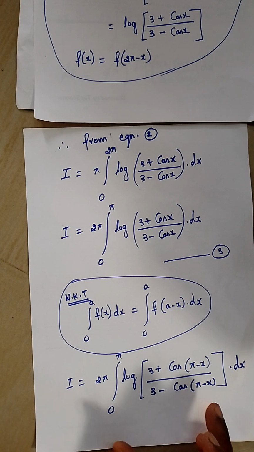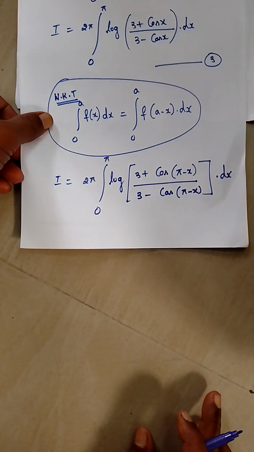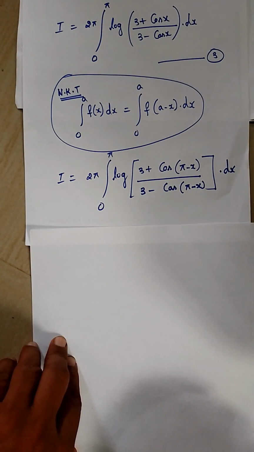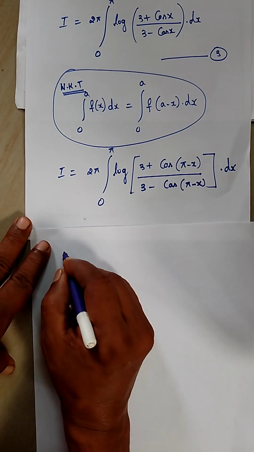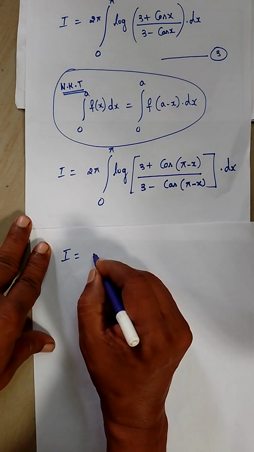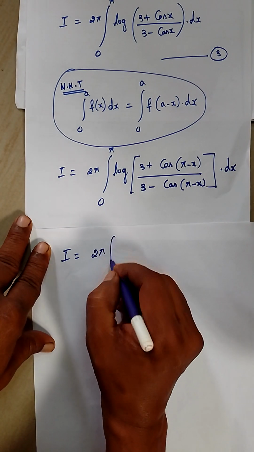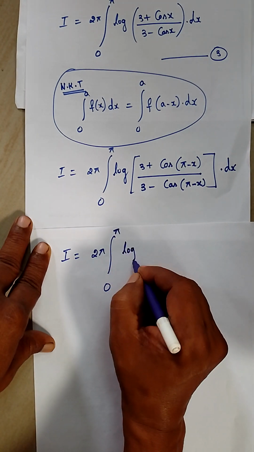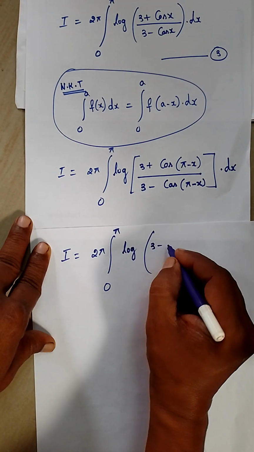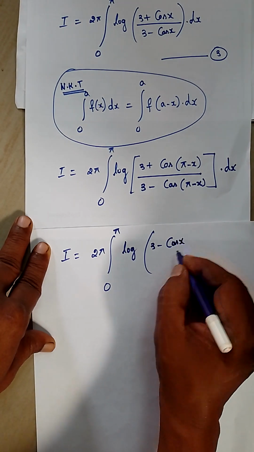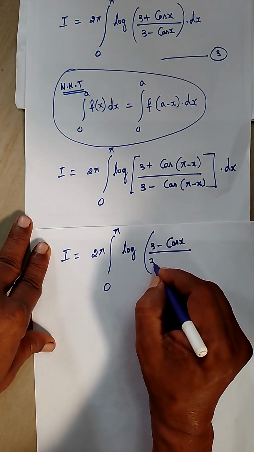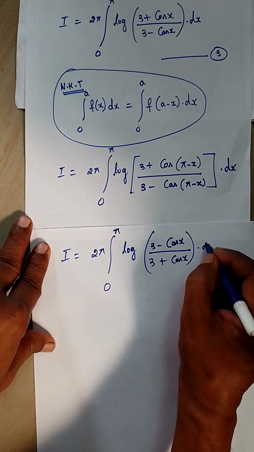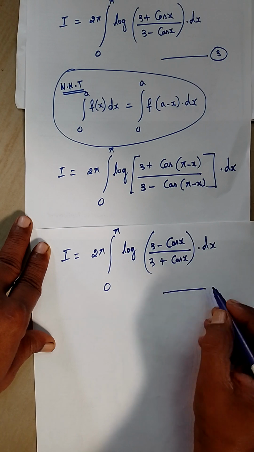Next, I is equal to 2 pi integral 0 to pi log of (3 minus cos x) by (3 plus cos x) into dx. This is equation number 4.